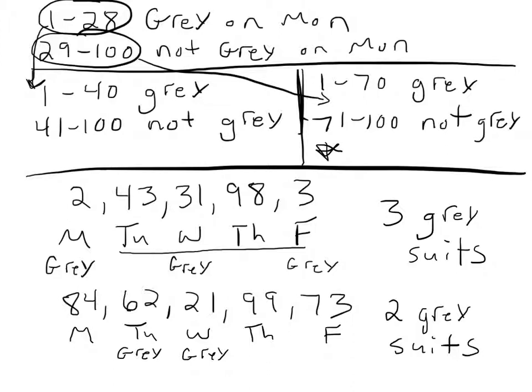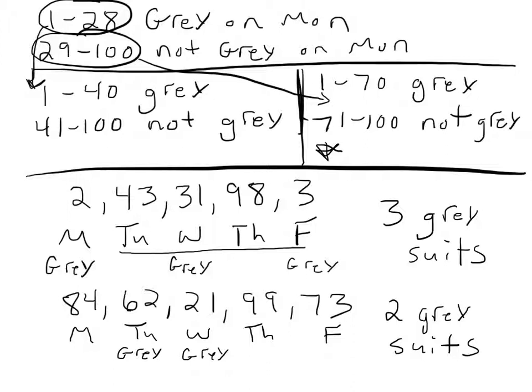And remember, the average does not have to be a value that's realistic. It's just the average of all of your trials. I can't wear 2.5 gray suits in any given week, but the average for all of my trials here is 2.5 gray suits in a week.